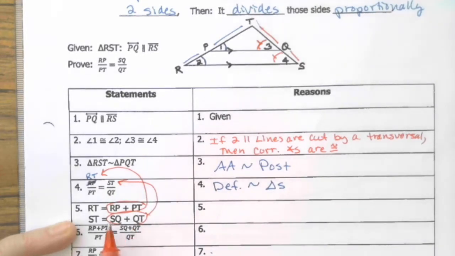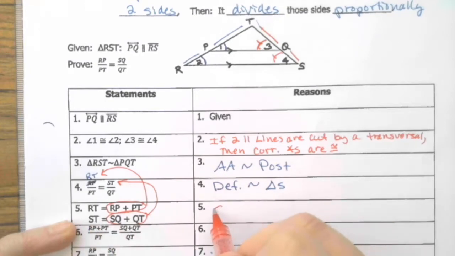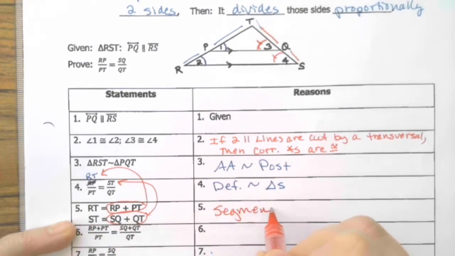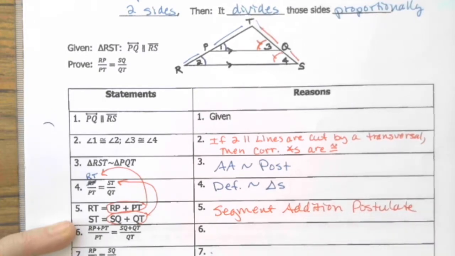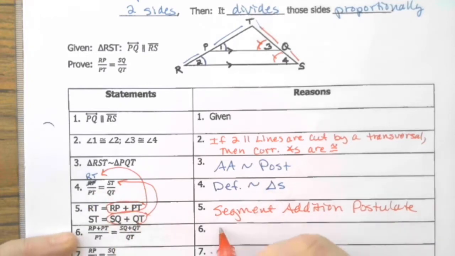So what allows us to do that? Well, part plus part equals whole. That is segment addition postulate. It says part plus part equals whole. Substituting those into the ratio, that is substitution property. Again, these are old properties.